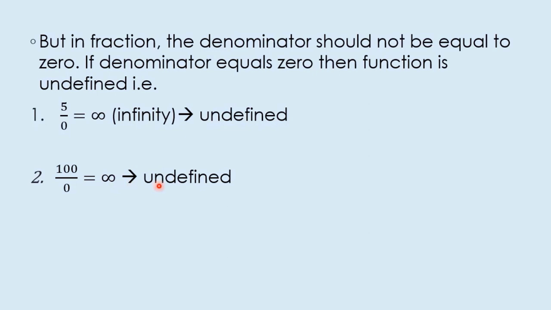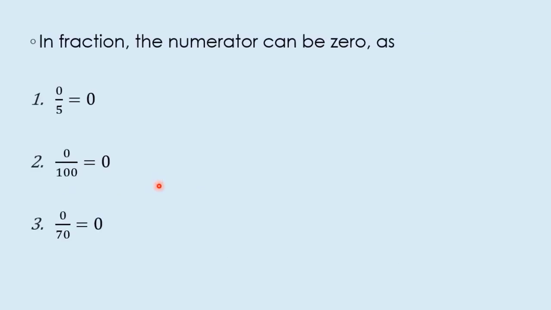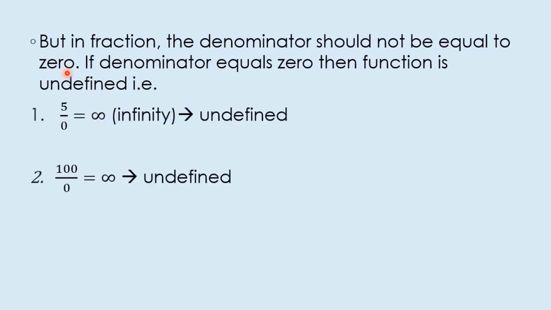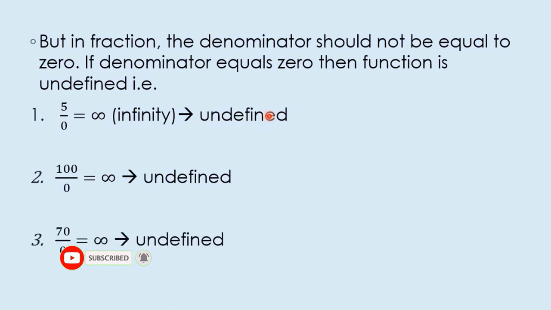So there are two things: the numerator can be 0, and when the numerator is 0, the answer always equals 0. And second, the denominator should not be equal to 0. If the denominator equals 0, then the answer comes infinity, and that is undefined.